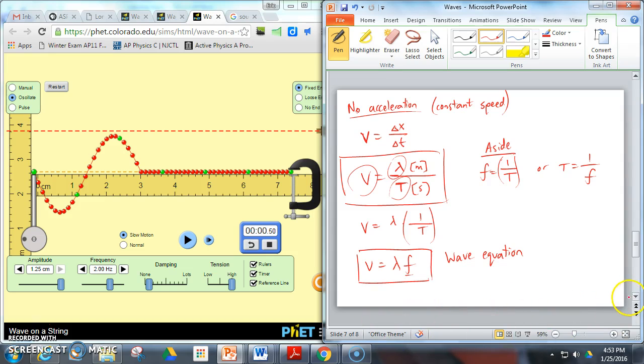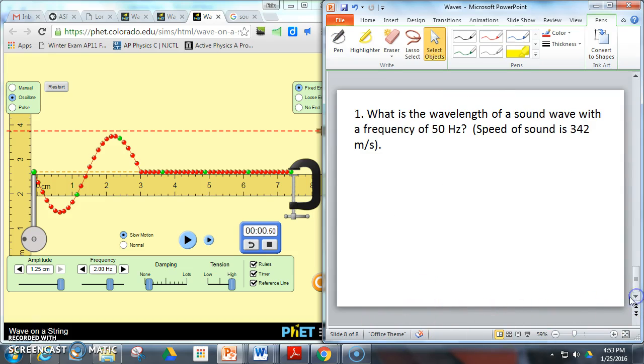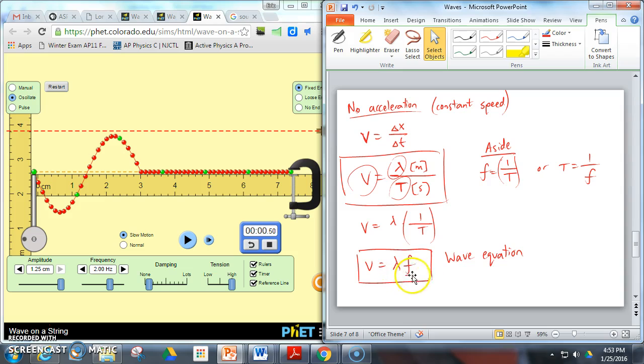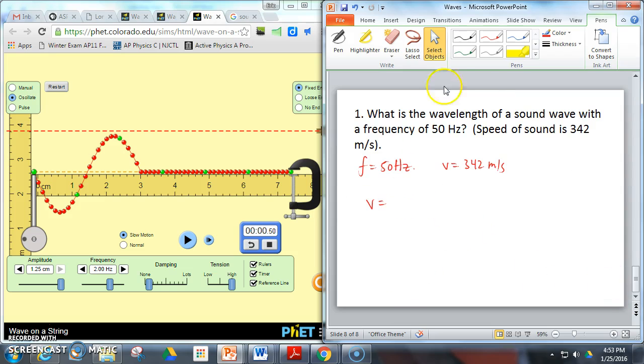So if we look at an example problem, what is the wavelength of a sound wave with a frequency of 50 Hertz? Okay, so my frequency is 50 Hertz. The speed of sound is 342 meters per second. So if I apply the wave equation, speed is just, let's review, the wavelength times your frequency.